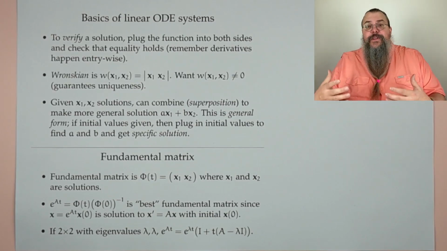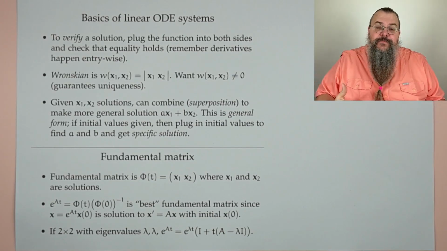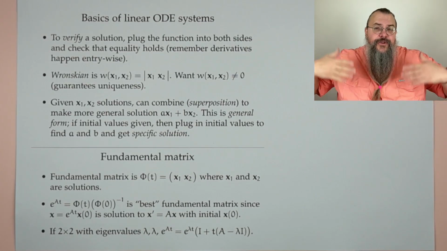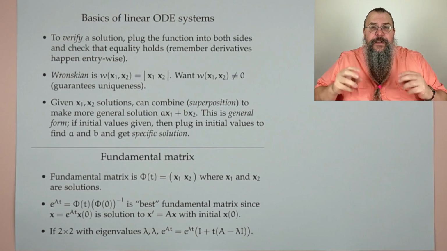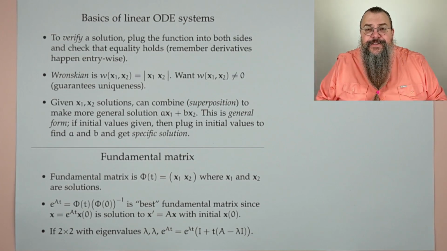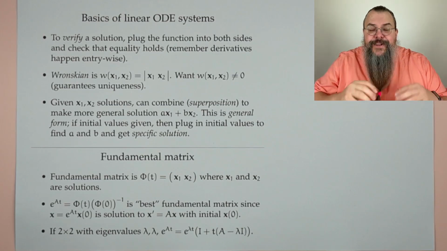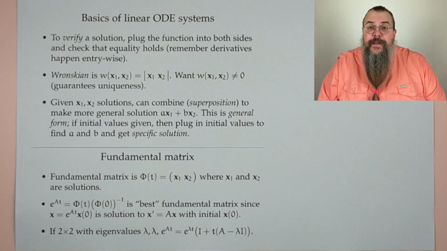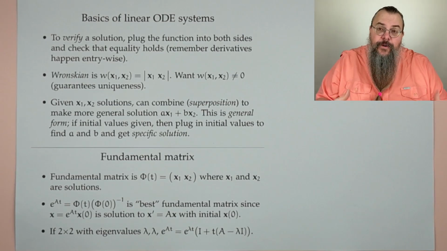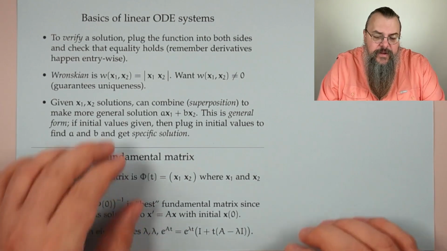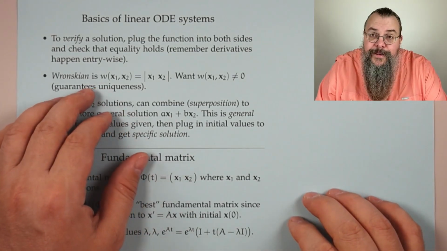But verify is more than just saying, hey, this actually works. Verify also comes into the idea of saying, well, I have a solution almost, I just need to tweak it. Maybe I have to get the right constants involved. And the way to figure out the constants is you plug it in. And so the idea of verifying can actually be a pretty useful and powerful tool. Now, another tool that we have, we don't use it very often, but it's good to have, is the Wronskian.